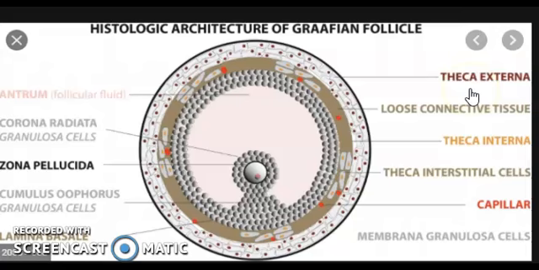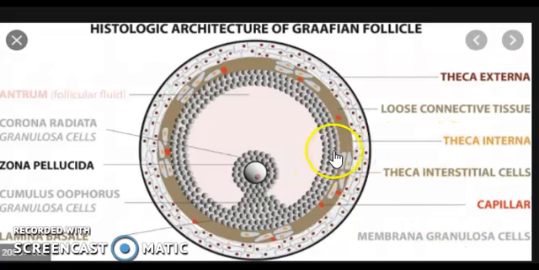The outermost protective and fibrous covering is called the theca externa. Inner to it, there is the theca interna. This theca interna produces the hormone estrogen.